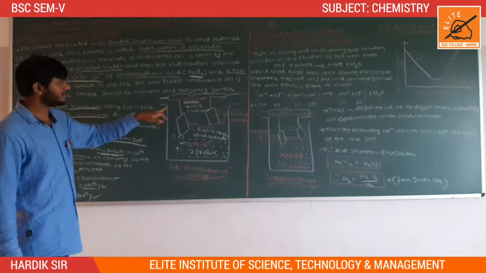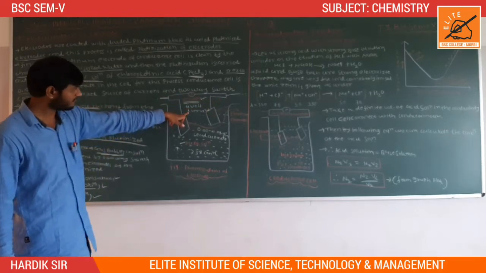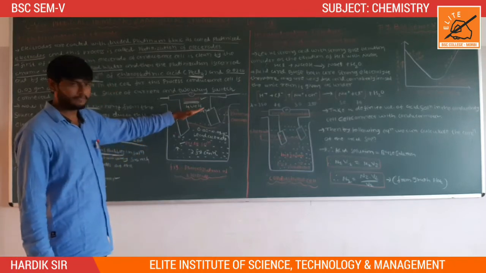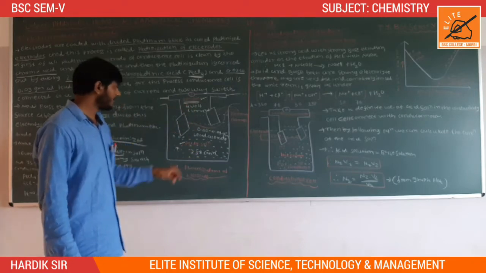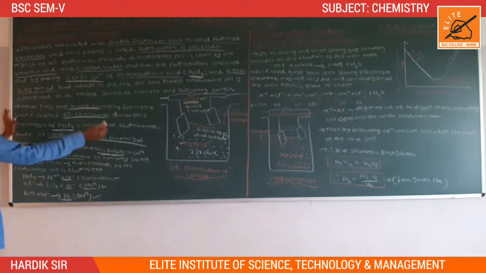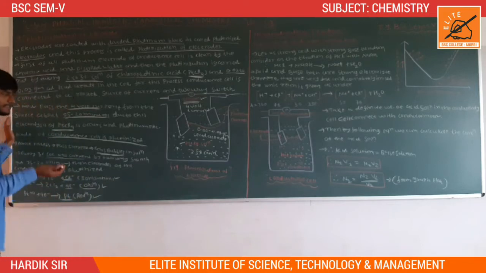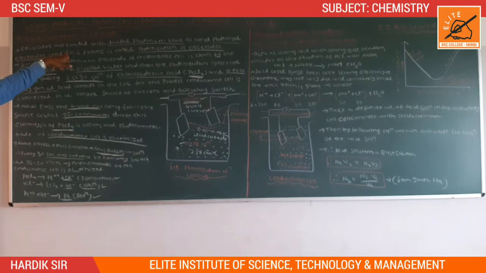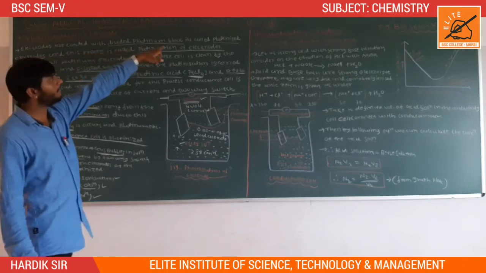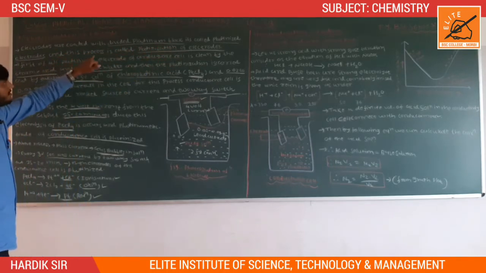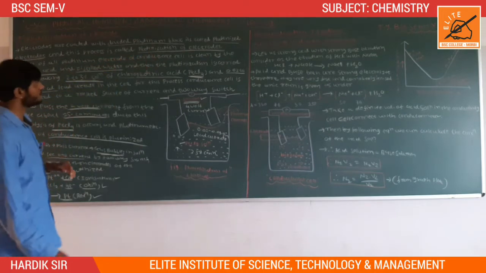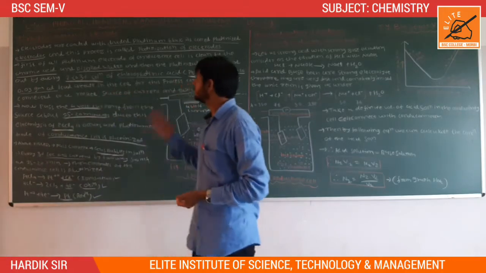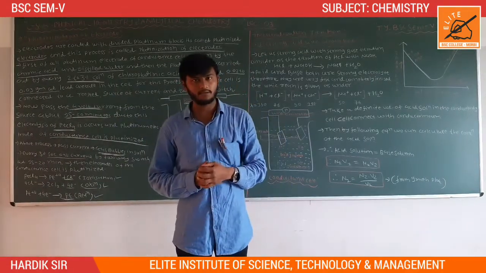Then we pass the 4-volt current for 15 to 20 minutes in the cell, and the conductance cell is platinized. Electrodes coated with divided platinum black are called platinized electrodes, and this process is called platinization of the electrodes.